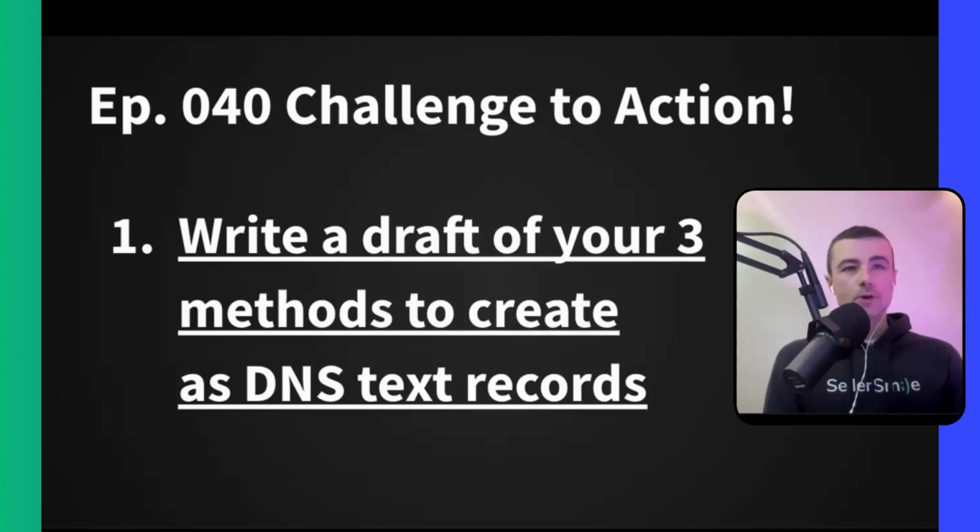So after researching one of those, the best way is to write a draft of each one of those, pen and paper, or just get a text editor out and see if you can craft each one of those. They're in a certain format, and we're going to cover those in the next episode and look at some examples. And like I said, setting some live email authentication records in my own domain in my service provider to see what that looks like, and to give you a live example.